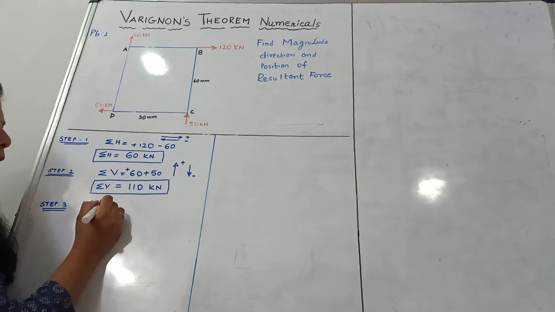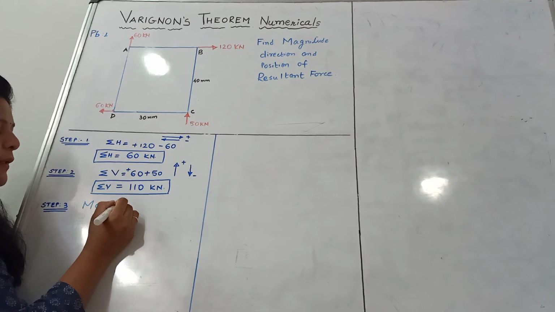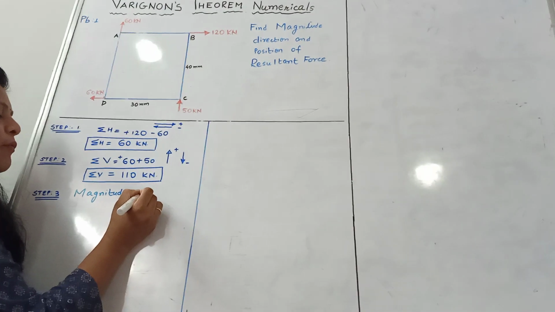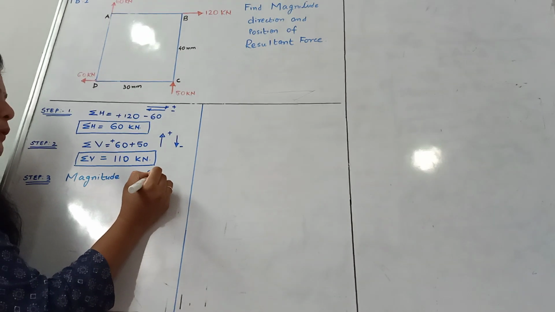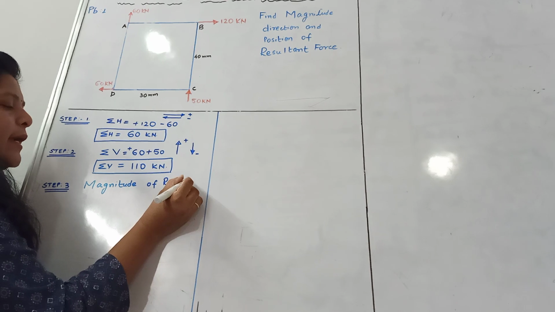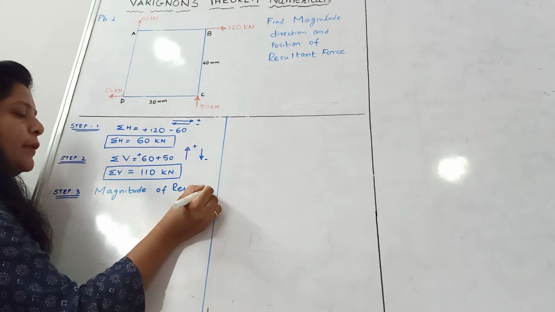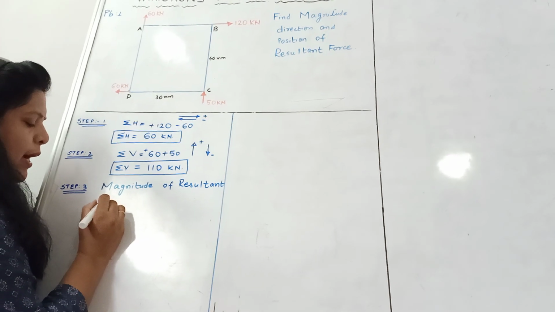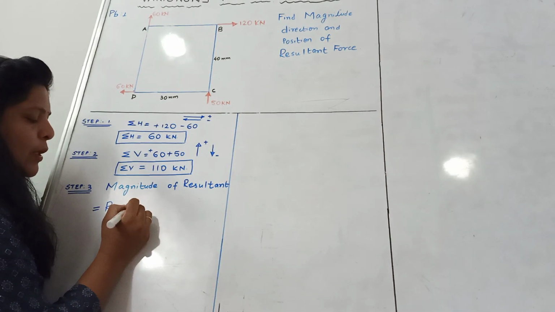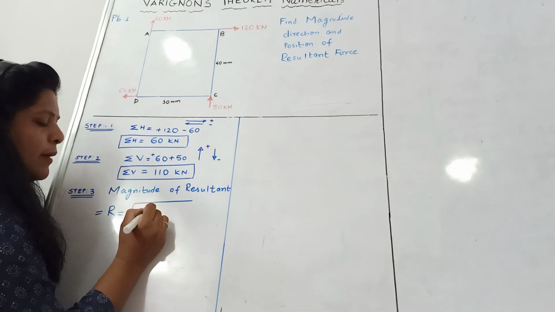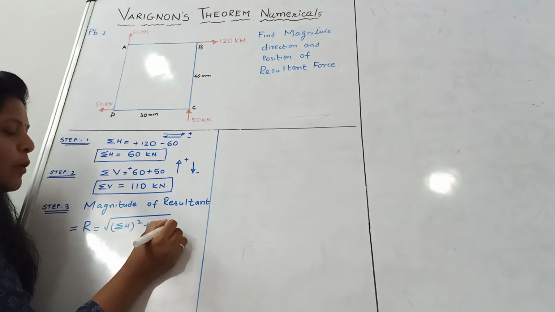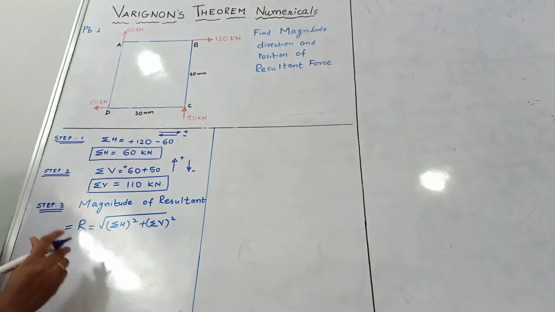Then the third step is to find the magnitude of the resultant. How do we find it? We have studied in the method of resolution that the magnitude of the resultant force R is equal to the square root of sigma H squared plus sigma V squared.